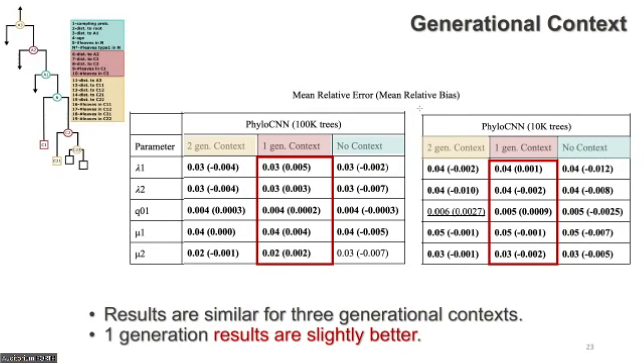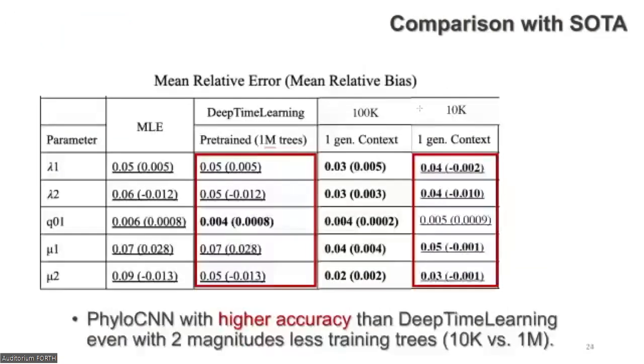So generational context doesn't seem to help much in this case. And when we compare to deep time learning, which was trained on 1 million trees, we got higher accuracy in most of the parameters, even when we train with 10,000 trees. So I think this is also very exciting and opens possibilities to train different models, more complex models, and doesn't need too many simulations.